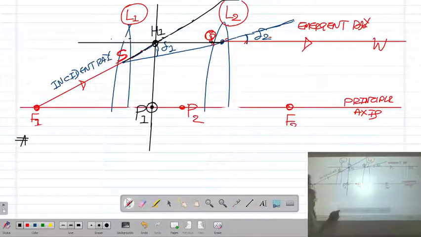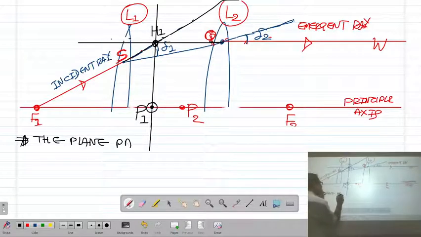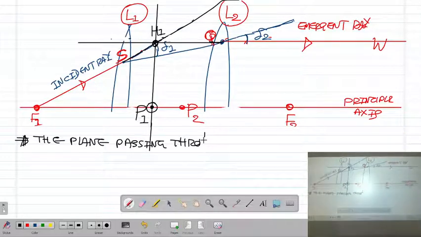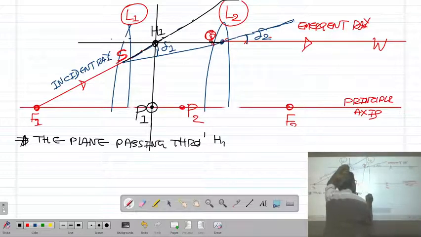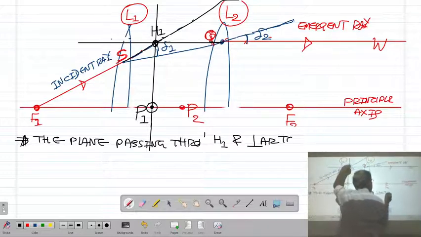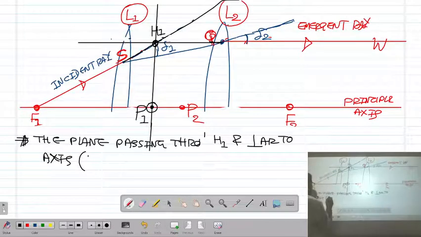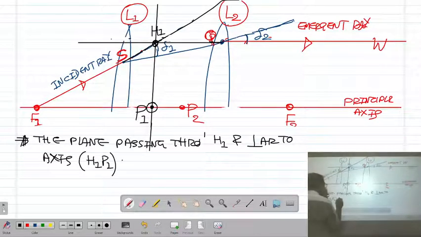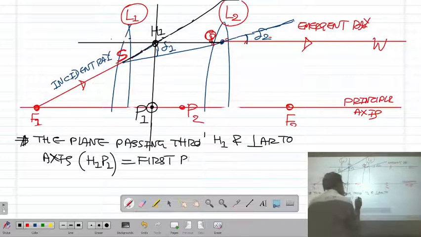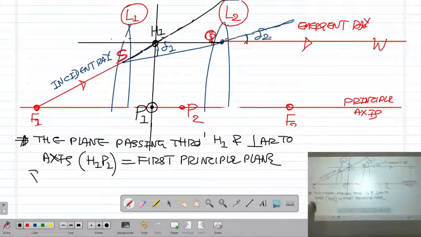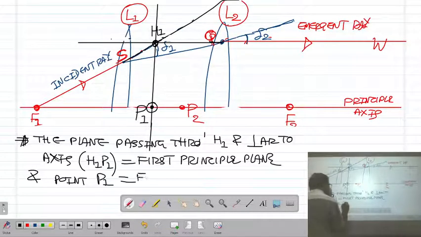The plane passing through H1 and perpendicular to the axis, that is H1 P1, is called the first principal plane, and point P1 is called the first principal point.